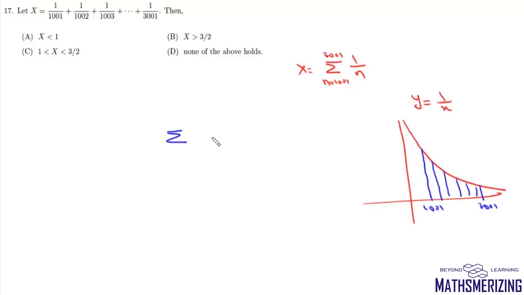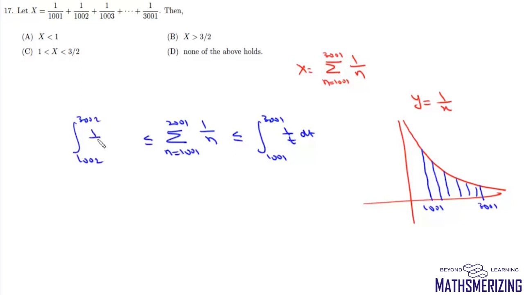This summation will always be less than or equal to the integral from 1001 to 3001 of 1/t dt, and always greater than the integral from 1002 to 3002 of 1/t dt.